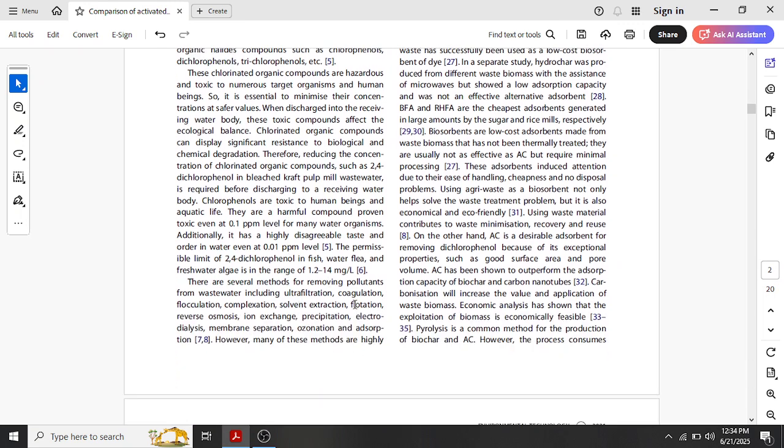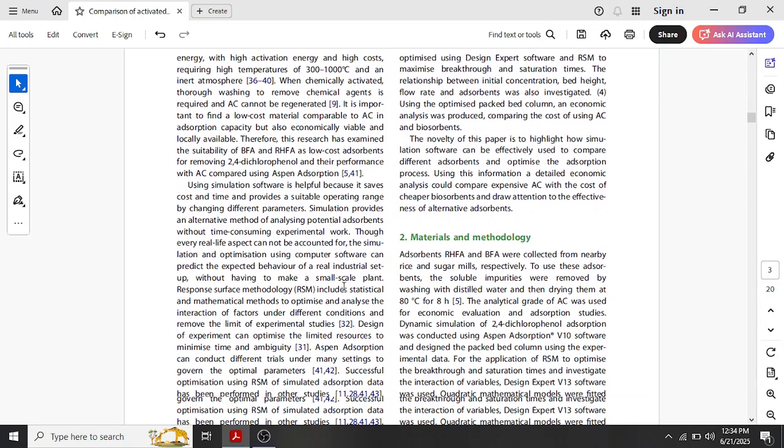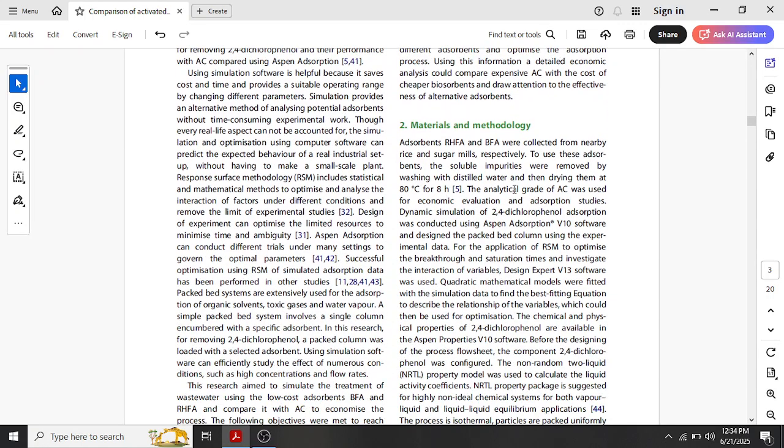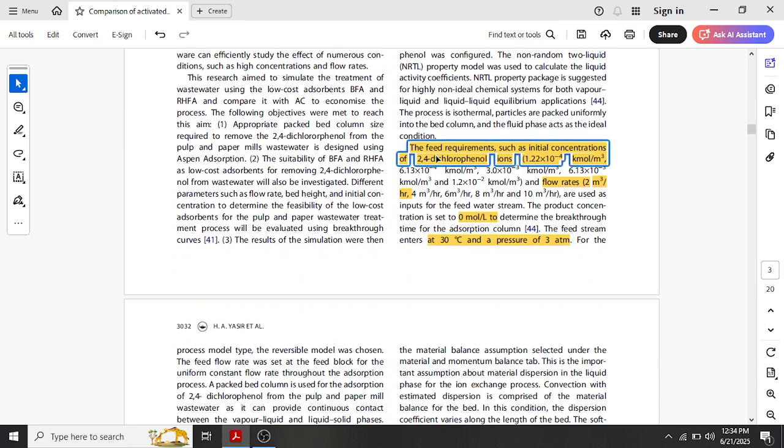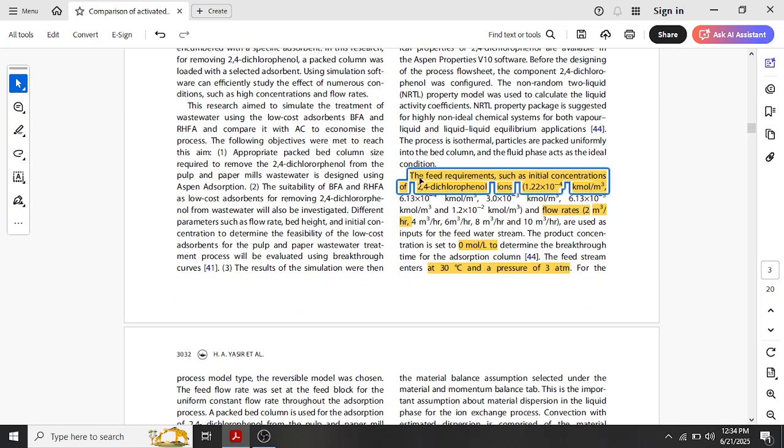In this lecture, we will use activated carbon, and these are the materials we will use in Aspen Adsorption. This is the feed requirement. We will use a fixed bed column to remove the 2,4-dichlorophenol. The feed will enter the fixed bed column.